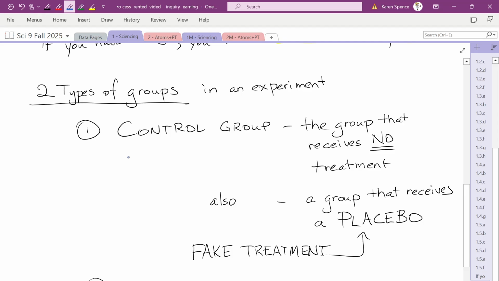This is also known as AKA. You guys know AKA? Yeah. Also known as just a control. So it can be called the control group, or it can just be called the control.